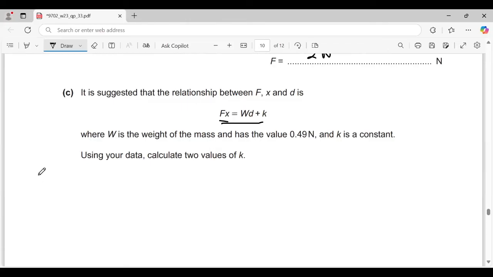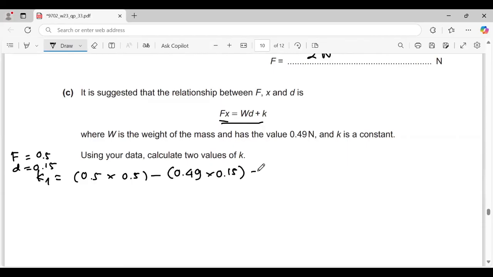The first K, or K1, occurs when F equals 0.5 and D equals 0.15. So K1 equals 0.5 multiplied by 0.5 meters, minus 0.49 multiplied by 0.15.